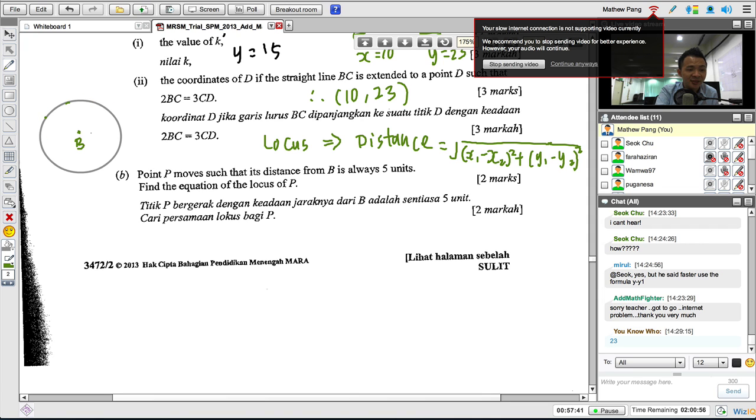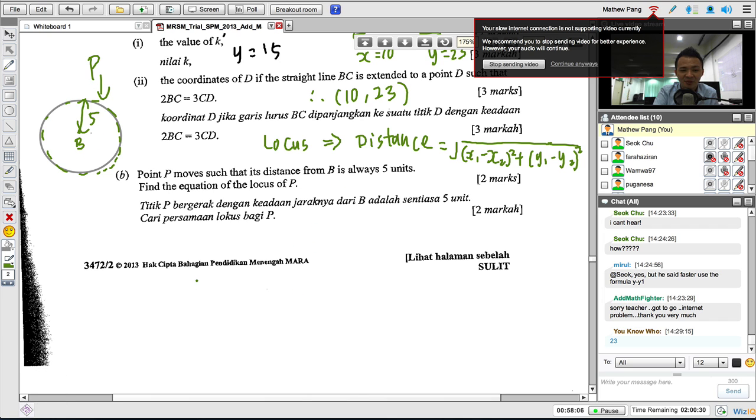The circle here is the locus of P. From P to B here is always 5 units. No matter where P moves, as long as the 5 here is the radius, the distance from P to B is always 5. This is the meaning of locus.